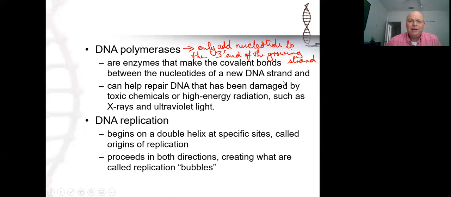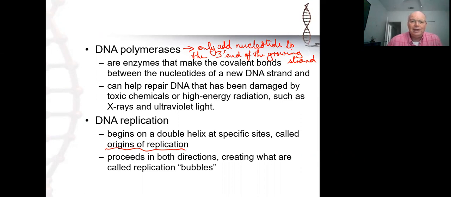What we also know is that DNA replication does not start just anywhere. There are specific locations, we refer to them as origins of replication, where the two strands are going to be separated from each other and stabilized so that they won't spontaneously link back together again, which they otherwise would have if they weren't stabilized. And then enzymes, which we refer to as helicases, start to unwind and separate the two strands, creating what is referred to as a replication bubble.